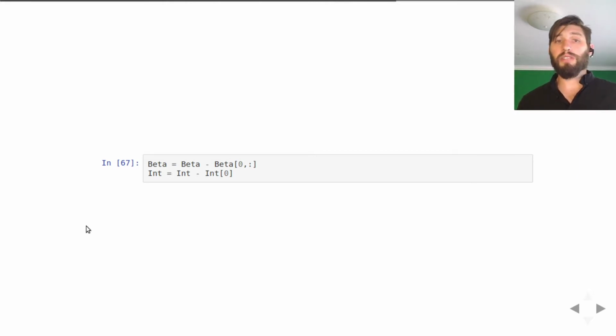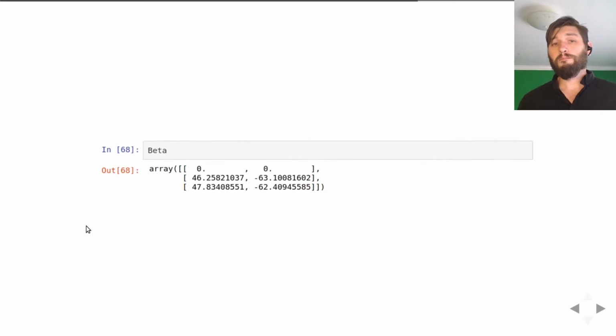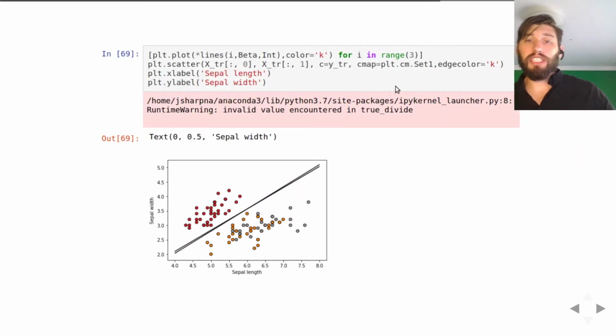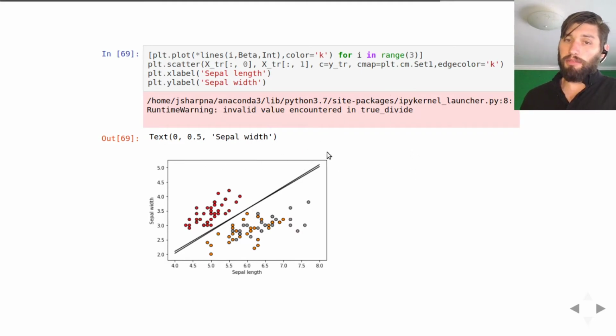That will just zero out all of the betas for the first class. So that's what we see there. And then if we do this, it threw a warning because I tried to plot that line for no particular reason. And we just get 2 of those 3 decision rules, decision functions. Okay.